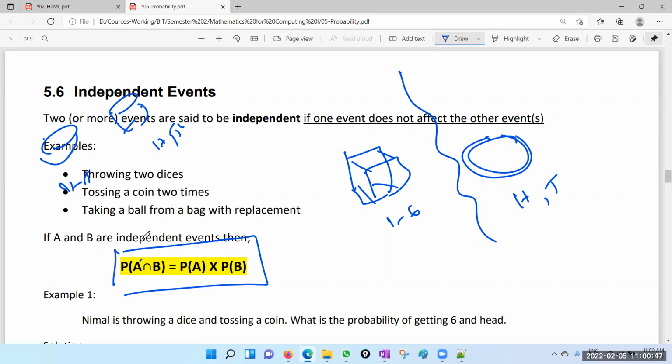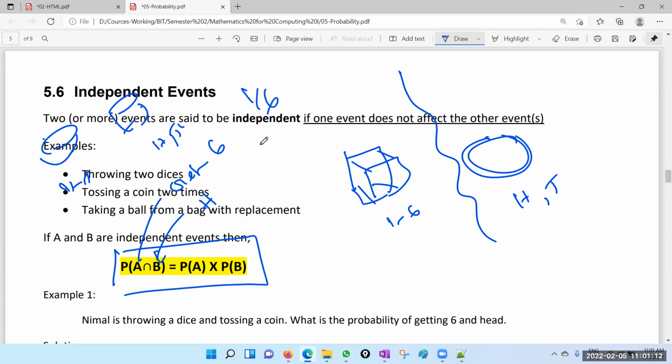Say my A event is getting 6 when you throw a dice. My B event is getting head when you toss a coin. Now I have thrown a dice and tossed a coin. Now someone will ask, what is the probability of getting 6? 1 over 6.